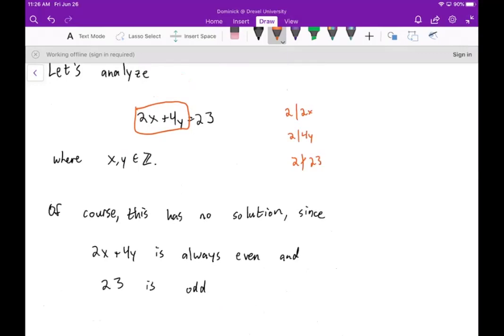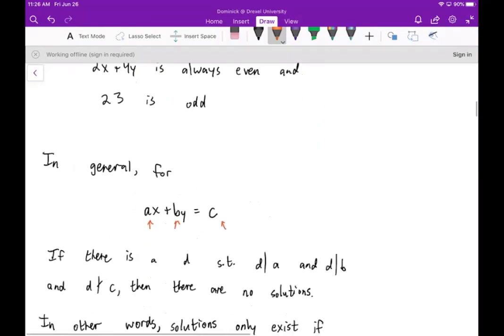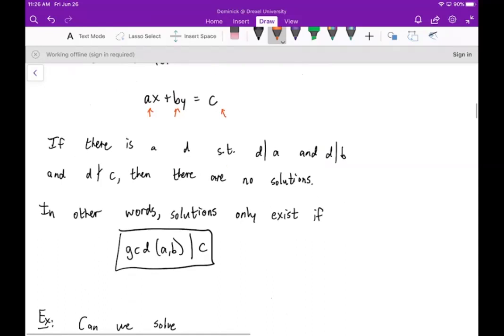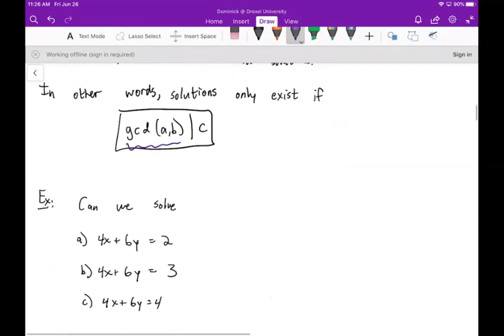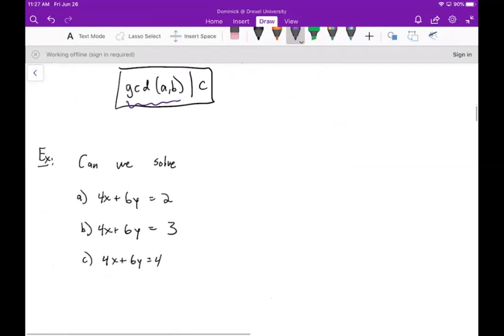So that tells us that there's no solutions. Now, in order for solutions to exist, we need the GCD of a and b to also divide c. We need that to occur for solutions to exist. So let's look at a couple examples and determine if we can solve them.